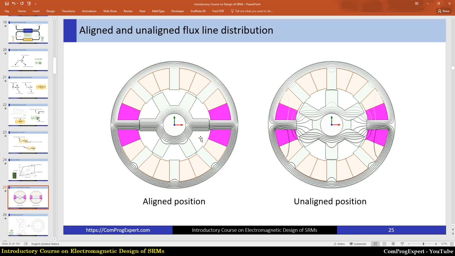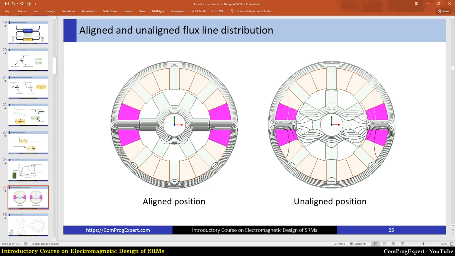Here we have the phase A excited and the rotor is in completely aligned position. The number of stator poles is equal to 8 and we have 6 rotor poles, 8 by 6. And here we have on aligned position, you can see the flux lines, distribution of the flux lines.